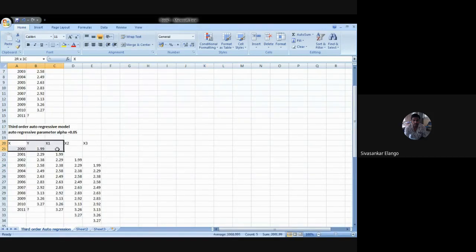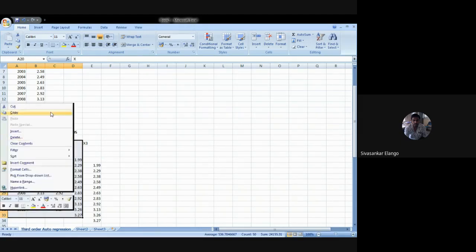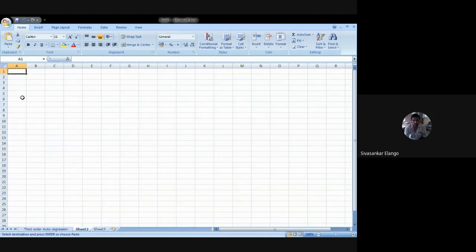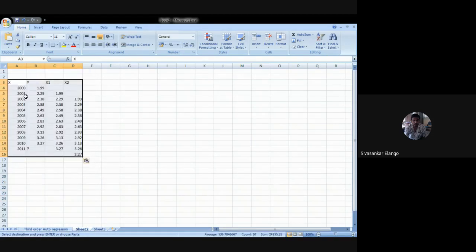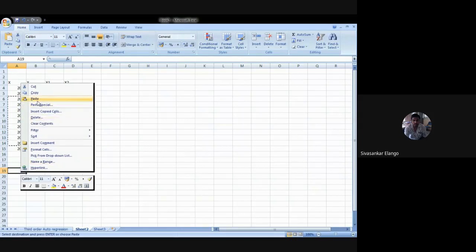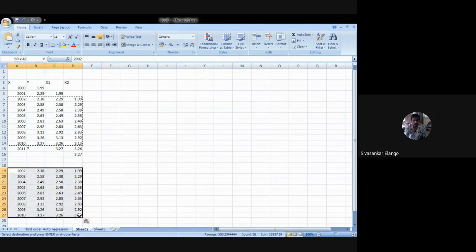So in the case of second order auto regression, you have only these two. We assume that the Y value depends on only X1 and X2. So we are going to apply data analysis in Excel.